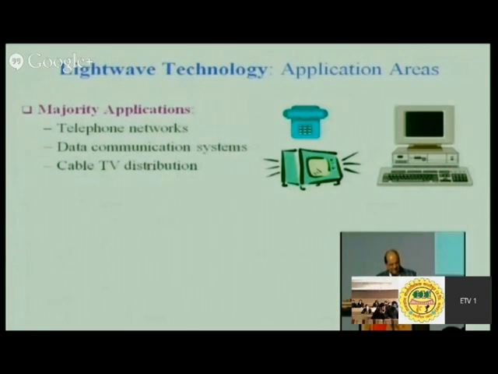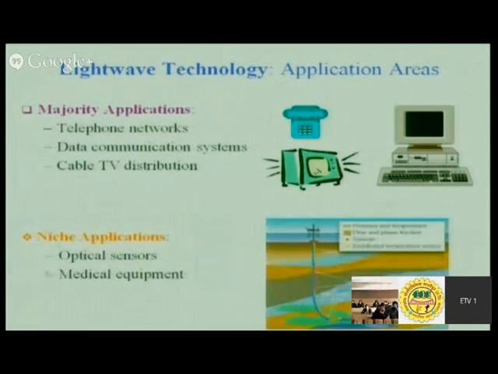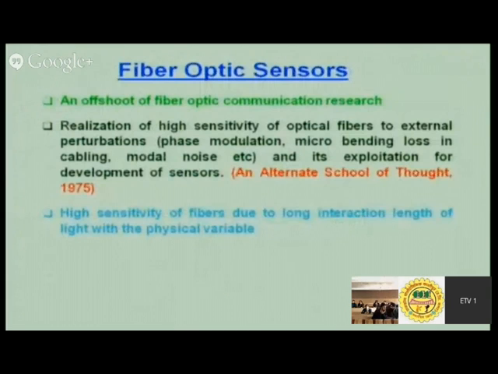I mentioned the major application is in communication, but there are other applications like optical sensors or medical equipment. Although they are not a major requirement, they are also very, very important. It is all because of the optical fiber. So fiber sensors are another area, an offshoot of optical communication research. In communication we have the problem of losses, but these losses can be utilized for sensing applications.